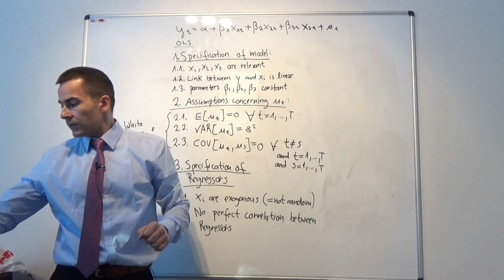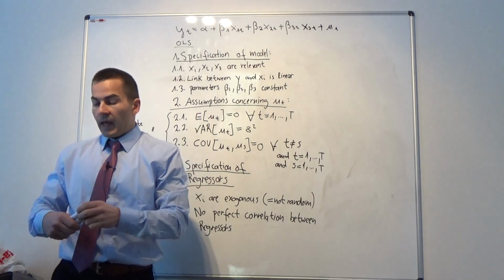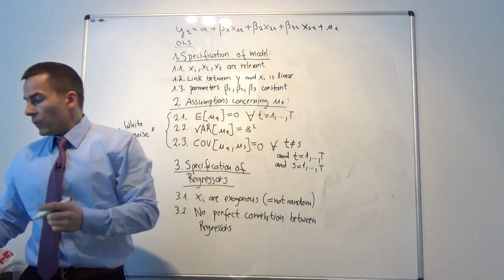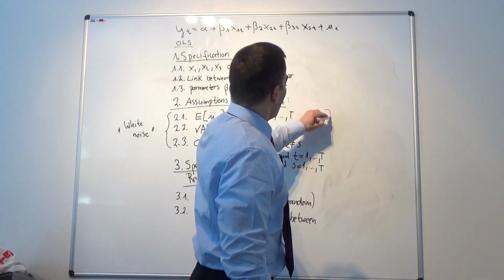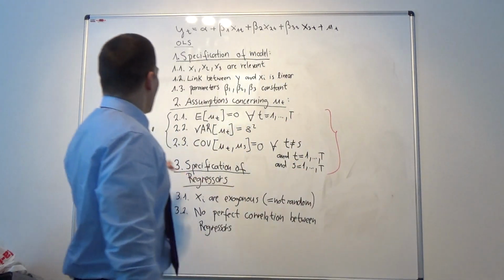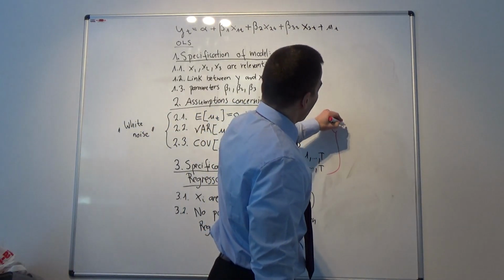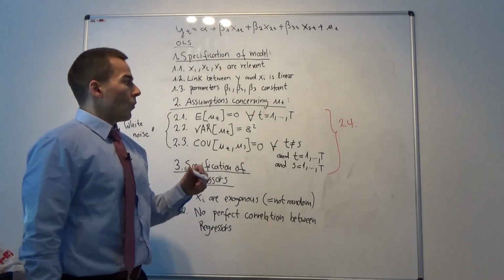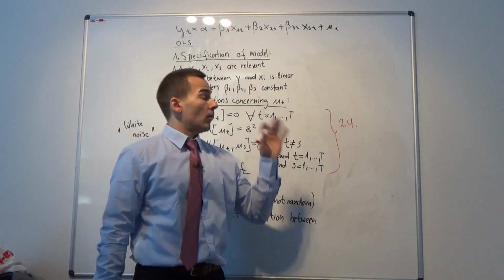So finally, as an additional assumption, concerning the second part here, let's denote it as assumption 2.4, and this is what we need obviously when we set up empirical or statistical tests of that model.